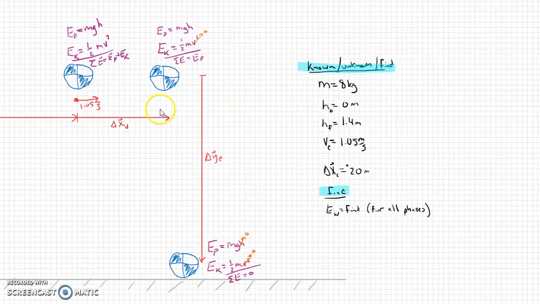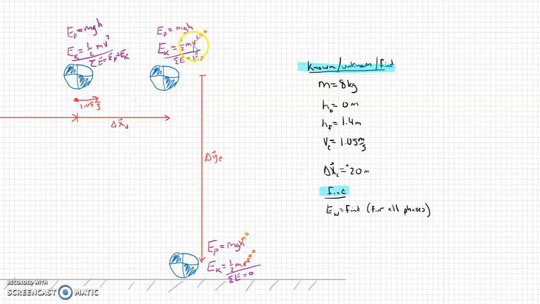Okay, so we're going to go through the next two phases here together. Phase D is where the person stops the backpack, and phase E is where the person lowers the backpack back to the ground. So let's take a look at this snapshot right here.